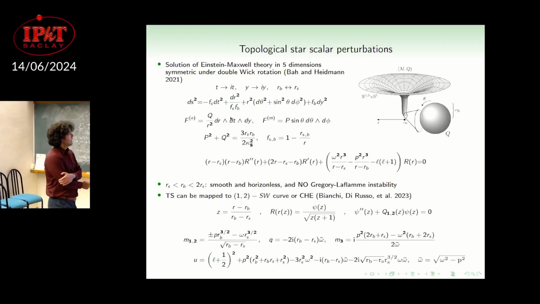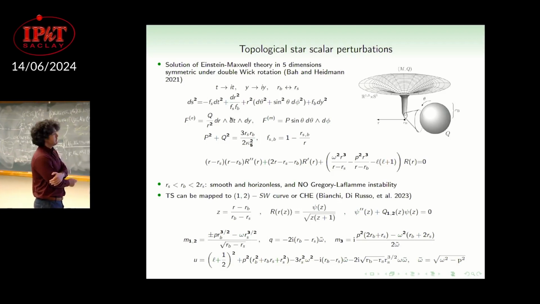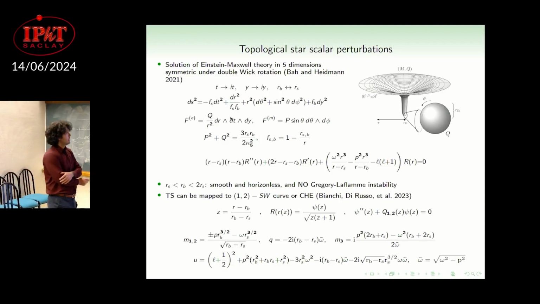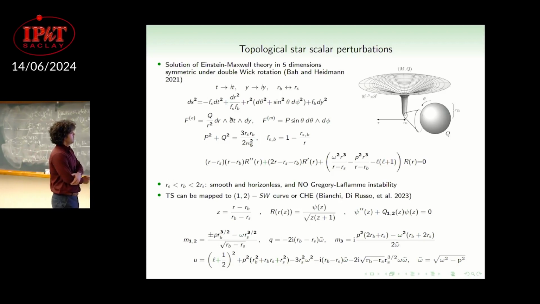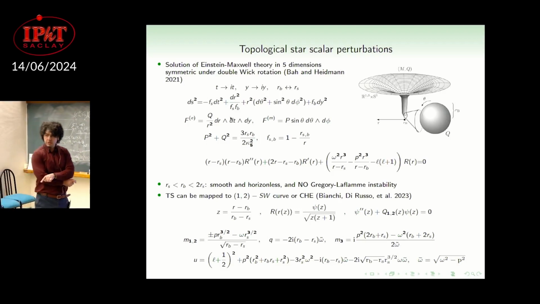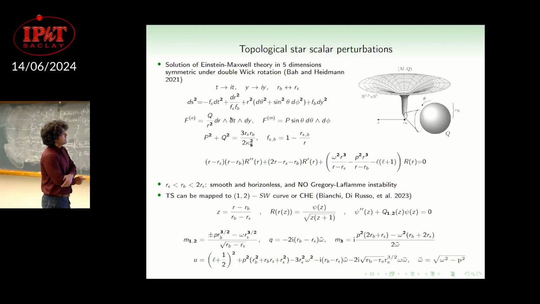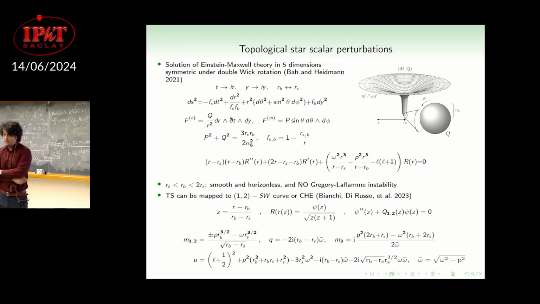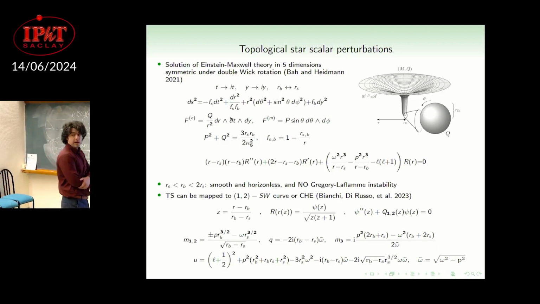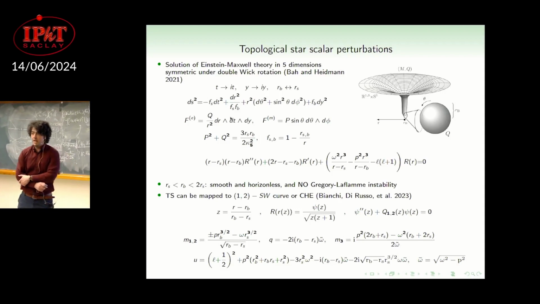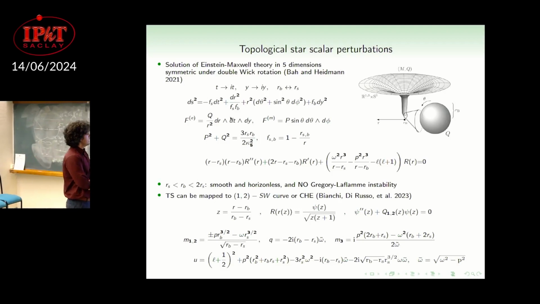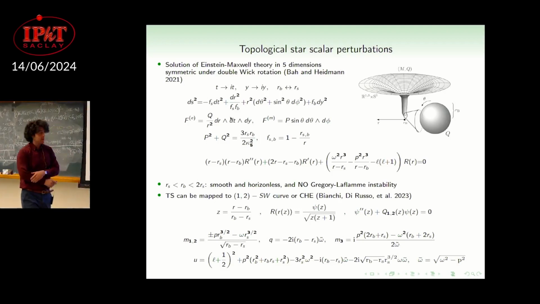And the solution depends on two parameters, as Paolo already said three days ago. If you send this quantity R_B to 0, you recover the Schwarzschild solution times an extra S1 circle. And this solution is spherically symmetric, so the relevant dynamics is the radial dynamics. And this is the equation governing the radial dynamics.